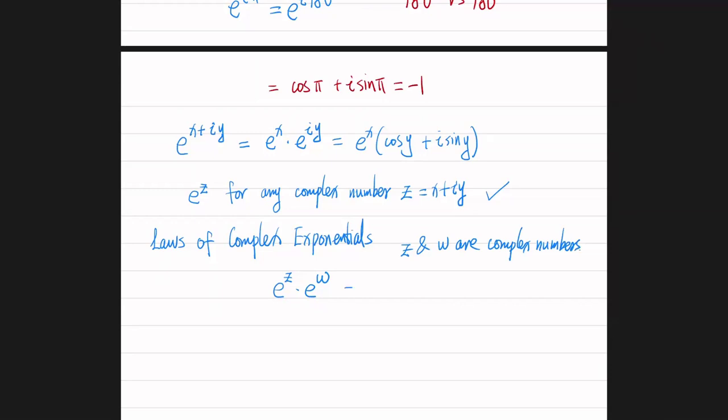Then this is the first formula, and the second formula is (e^z)^n. But we should be very careful. This applies only when n is an integer.